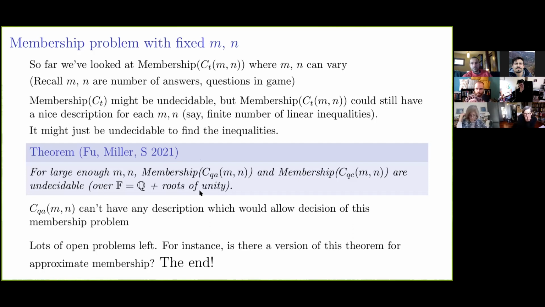But for a fixed instance, we're taking an instance of the halting problem, so a Turing machine plus an input, and reducing it to a membership of a correlation in one of these sets.